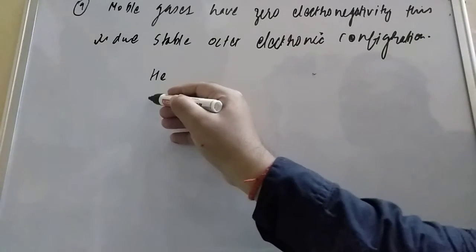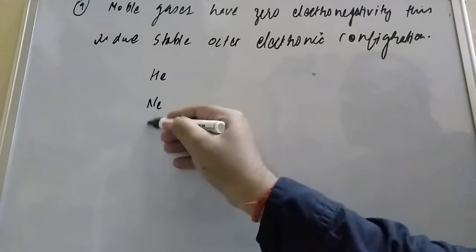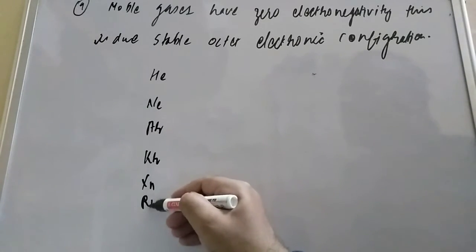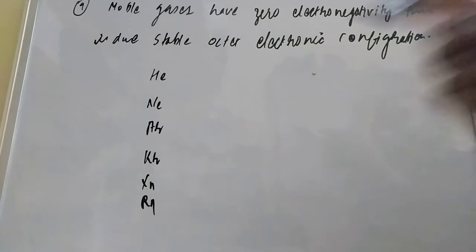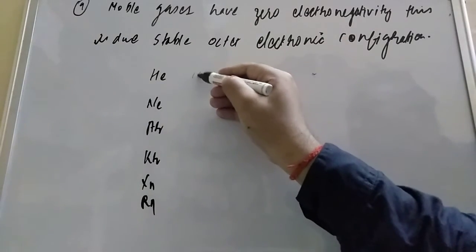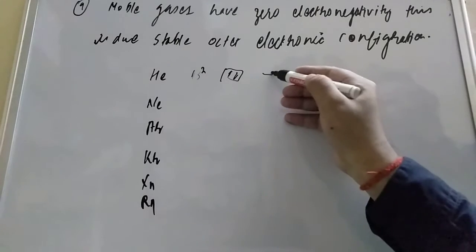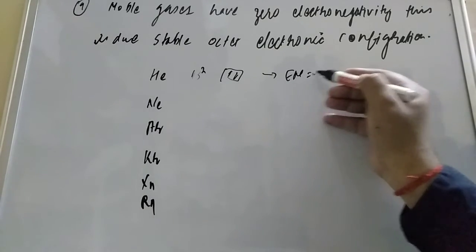Suppose we talk about helium, neon, argon, krypton, xenon and Rn. In helium the stable electronic configuration is 1s2, a completely filled orbital, so electronegativity will be 0.